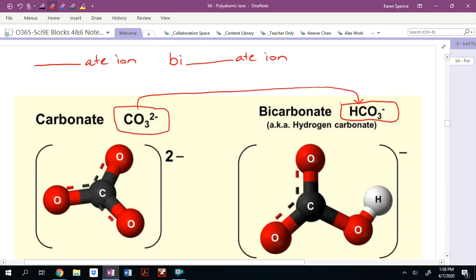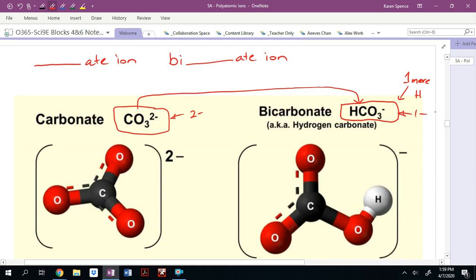Okay, hopefully one of the things that you notice that is different is that this one has one more H. And the second difference is that over here we have a 2 minus charge, and over here we have a 1 minus charge.